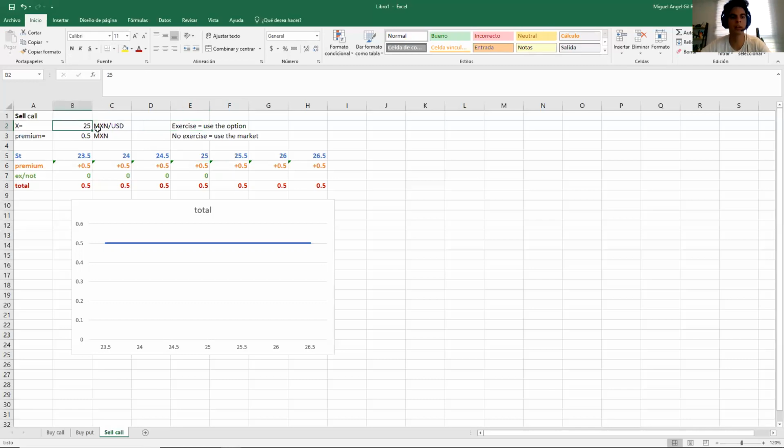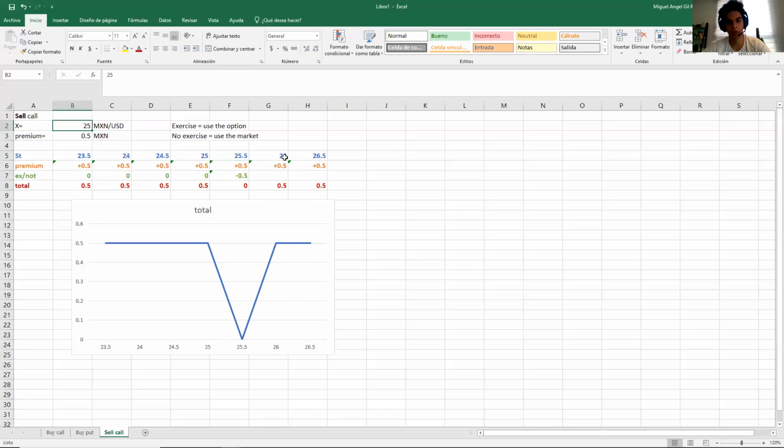Because I have to sell my dollar at 25 to that person, even though I could be selling my dollar at 25.5 in the market. It's like an opportunity cost. That's why I need to account for a loss. 0.5 negative. Okay, so it is a loss of the difference between this and this.